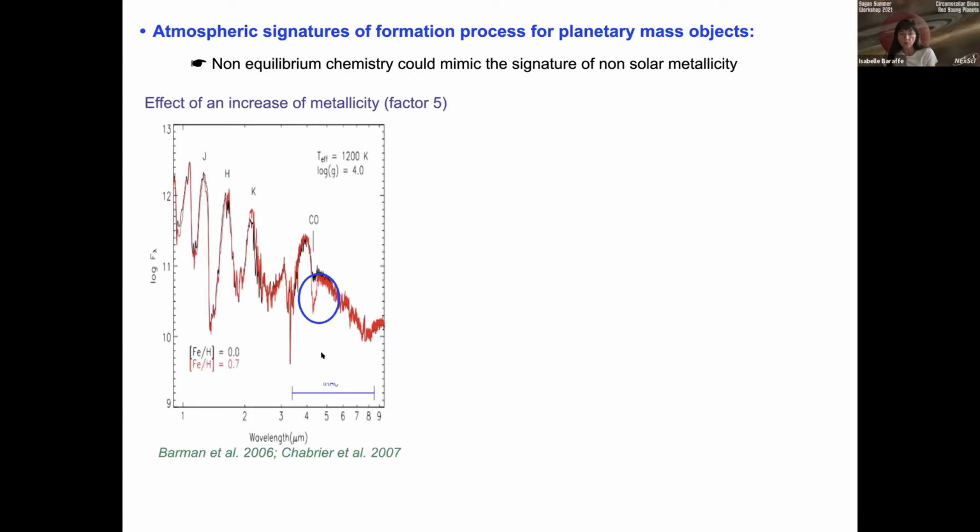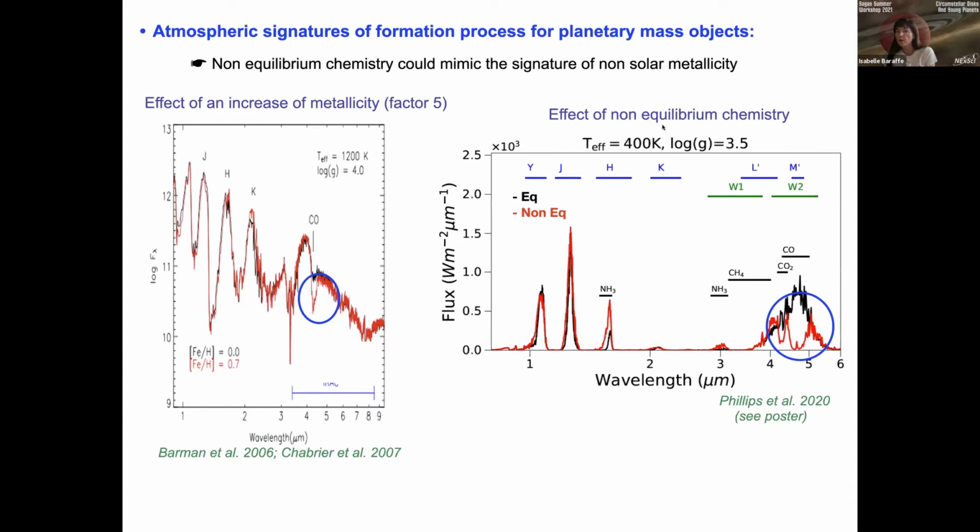For example, just to illustrate that, I gave some details in my talk. We know that in a synthetic spectrum, if you increase the metallicity by a given factor, you increase the absorption feature by CO. But if you include non-equilibrium chemistry, then you can get the same type of signature.